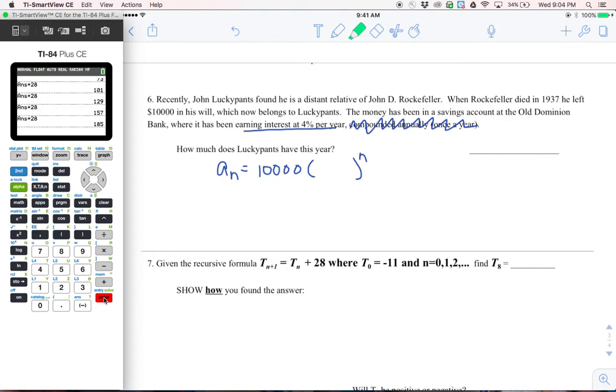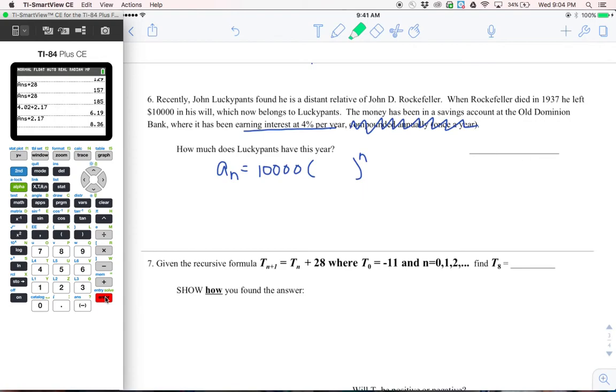Our initial amount is 4.02, and we're adding this much every time. So the first one is going to be 4.02 plus 2.17, which is $6.19. The second one is going to be $8.36.